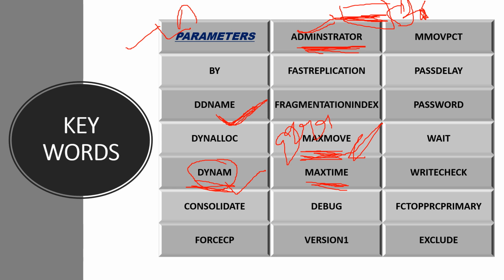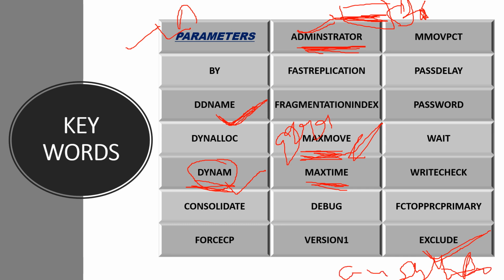And mostly you'll be using EXCLUDE if you want some data sets to be excluded. Why do you use exclude most of the time? When there are some data sets in that volume, suppose there are some SYS1 data sets or RACF database data sets or some system data sets, user catalogs.